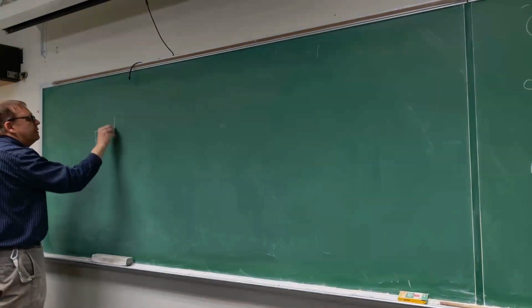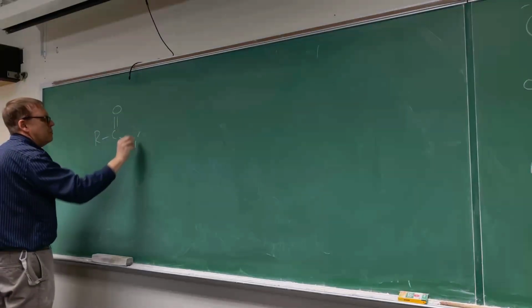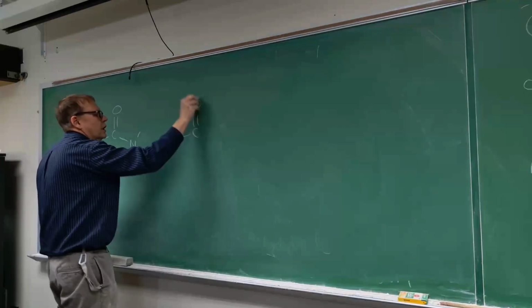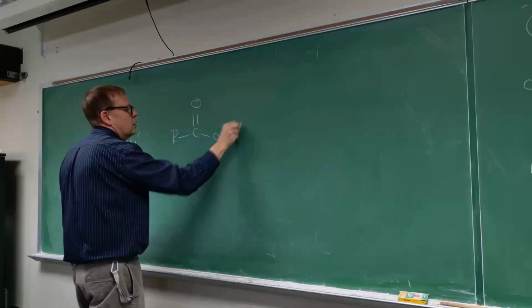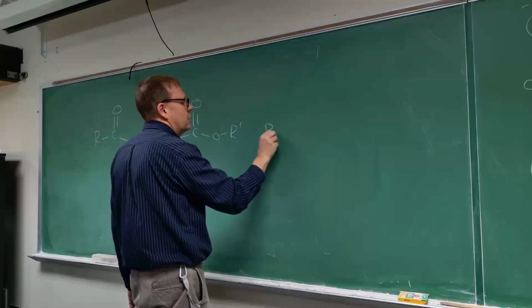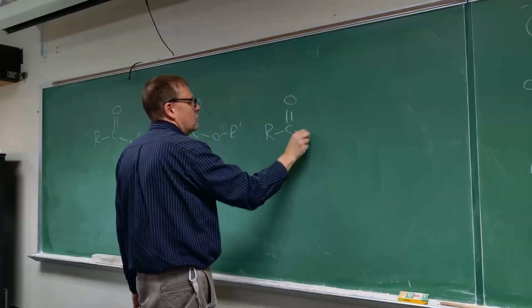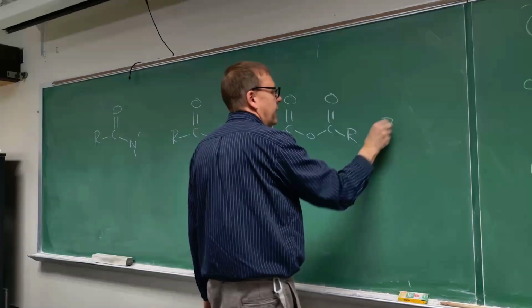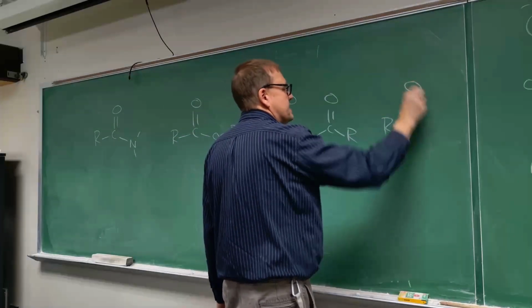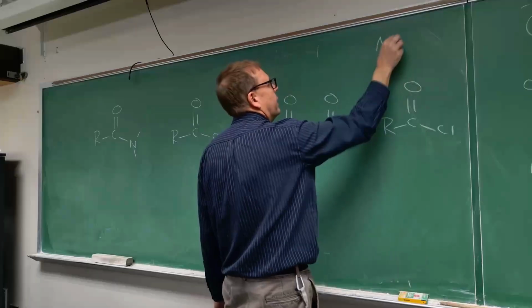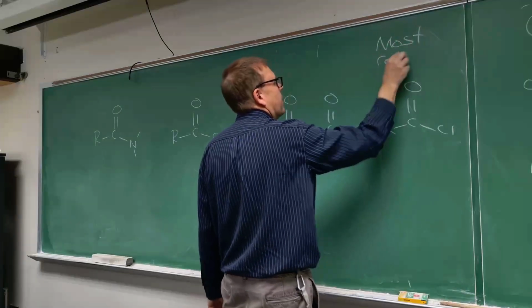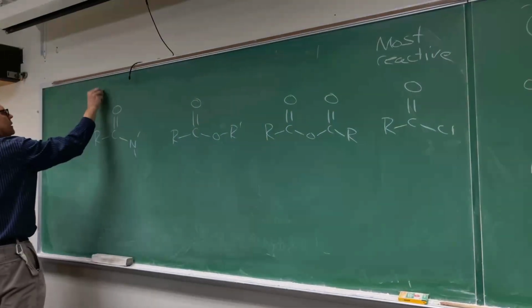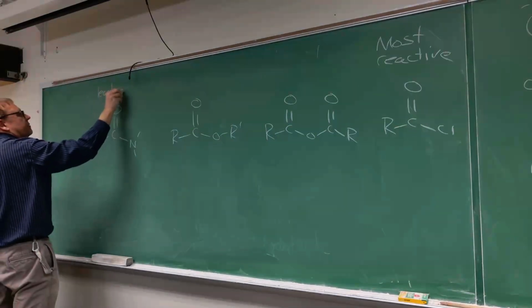So when you have amide, ester, anhydride, and acid chloride, the reactivity is like this: least reactive to most reactive.